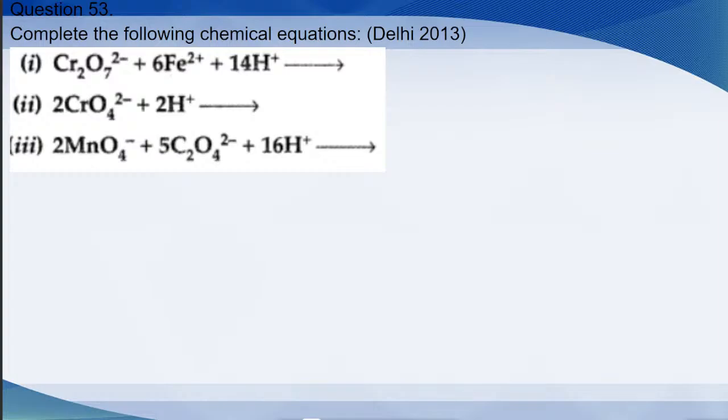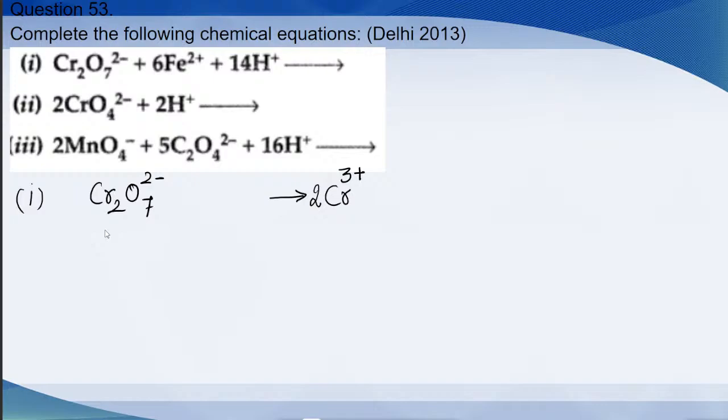Yes, complete the following chemical equations. First is Cr2O7 2 negative. In acidic medium, Cr2O7 2 negative ion gives Cr3 plus. So balance the atoms other than hydrogen and oxygen.